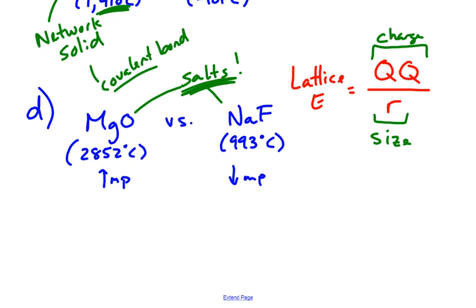So you can just do the math. The larger the top number, or the smaller the bottom number, the greater the lattice energy. That means the more energy it takes to break these apart, to separate them. So simply put, these have a plus and minus 2 charge. This is a plus or minus 1 charge because they're basically the same size.